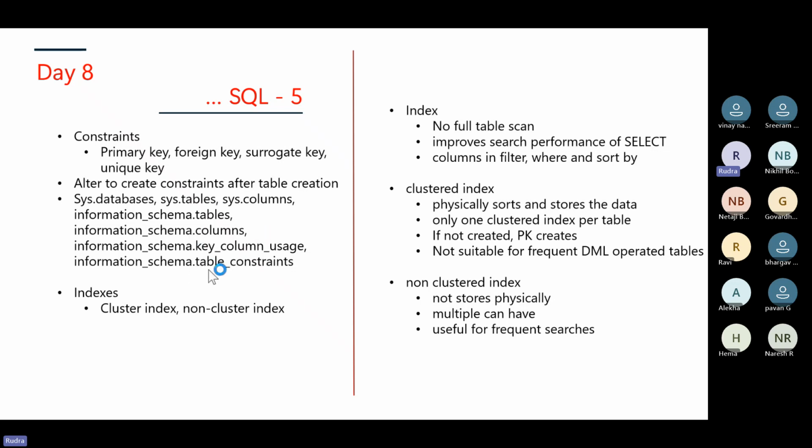And index. Again, this is also like your constraint. When you are creating your table, we can create indexes, or even after creation of the table we can create these indexes by using the alter command.